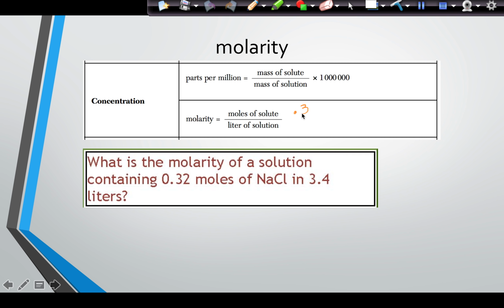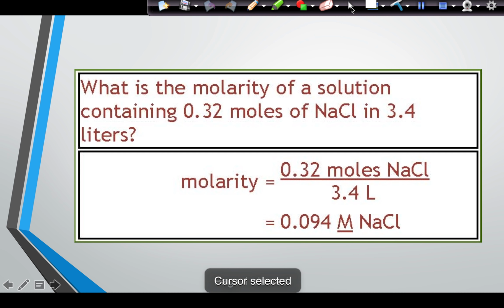So we would do 0.32 divided by 3.4, and when we divide that out, our answer would be in big M, and it comes out to 0.094 molar, or 0.094 moles per liter. Here we go. There is the work and the solution for that question.